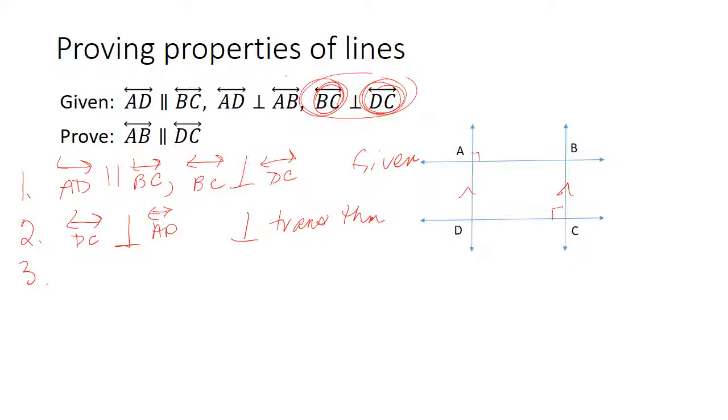All right, my next step, I'm going to take this part of my given. So I have AD is perpendicular to AB. What I'm trying to prove is that AB is parallel to DC. So if AD is perpendicular to DC, this is given.